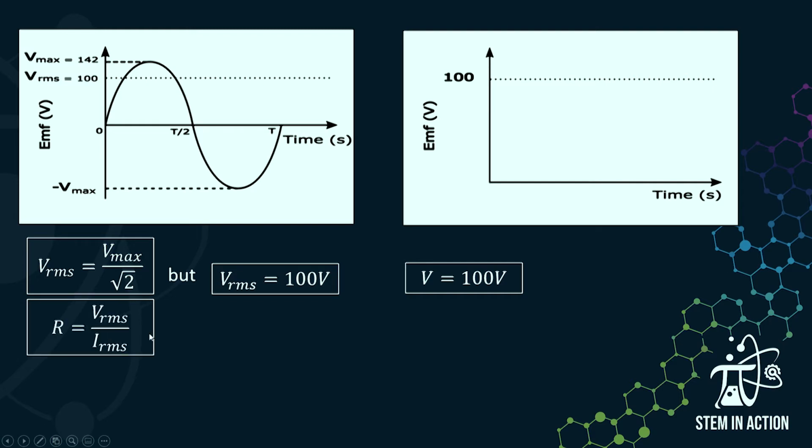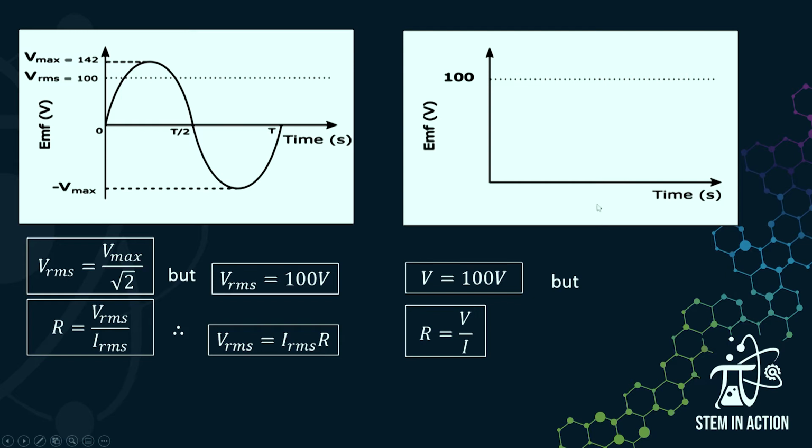According to Ohm's law, resistance equals V over I, and so in terms of RMS, we've got VRMS divided by IRMS. And so we can solve for VRMS, and that gives us IRMS times the resistance. For our DC circuit, Ohm's law states that the resistance is equal to the voltage divided by the current. And so V equals I times R. Do you see how similar they look?